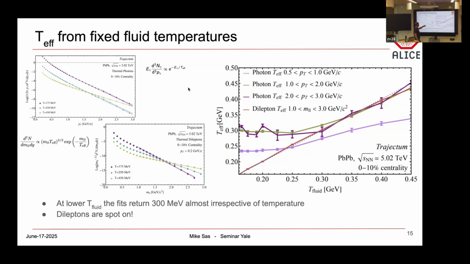You fix it at 175, at 250, at 450, and you get different invariant mass spectra. You fit it and you get your temperature. So if we fix it at 200, the dilepton fit gives us back 200. If you fix it at 300, you get back 300, 400 gives 400. So this is great.